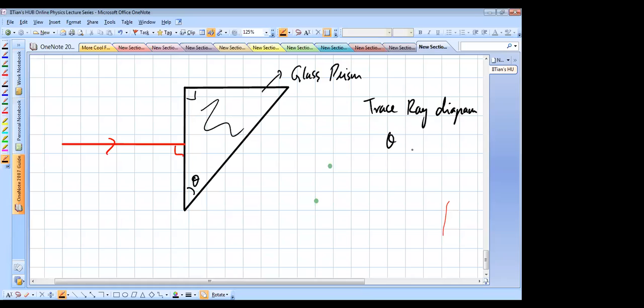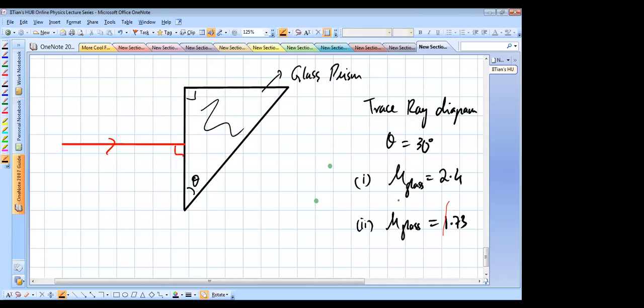We want to trace the ray diagram. Theta is given to me as, suppose, 30 degrees. If the refractive index of glass is, suppose, 2.4 in one case. In another case, the refractive index of glass, let us say, is 1.73. Both the cases. So just try this out.